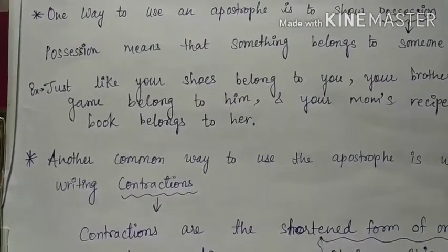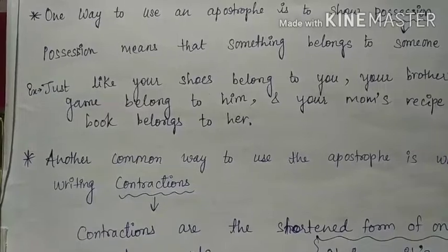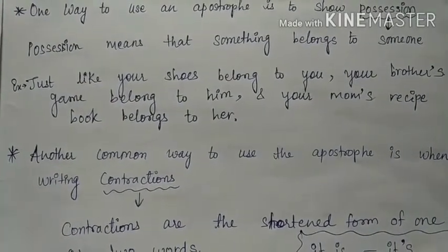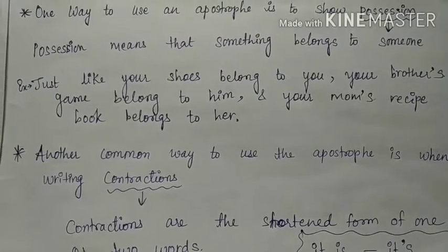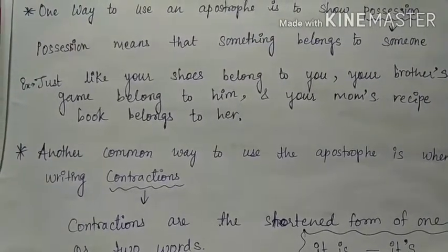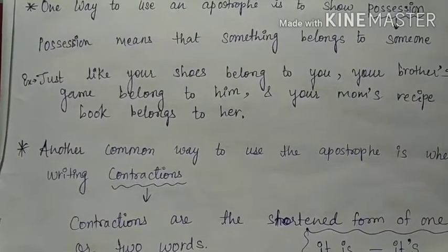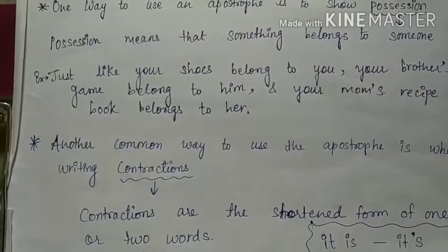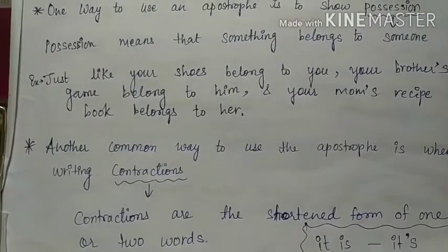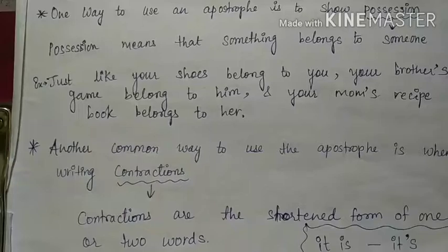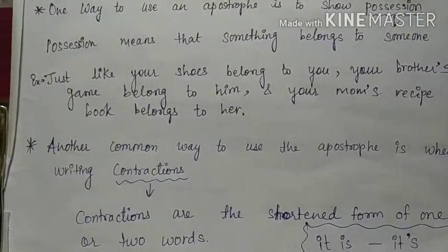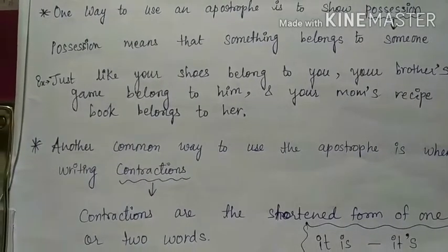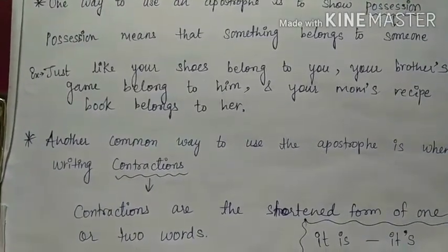For example, your shoes belong to you, your brother's game belongs to him, and your mother's recipe belongs to her. इसमें हमने क्या बताया कि ये शूज तुमसे बिलोंग करते हैं, मतलब ये शूज तुम्हारे हैं, ये गेम तुम्हारे ब्रदर की है और ये रेसिपी बुक तुम्हारी मॉम की है. Alright, so this is the meaning of possession, that something belongs to someone.